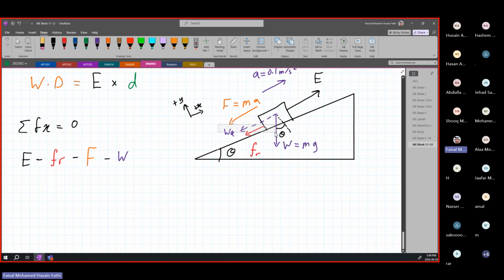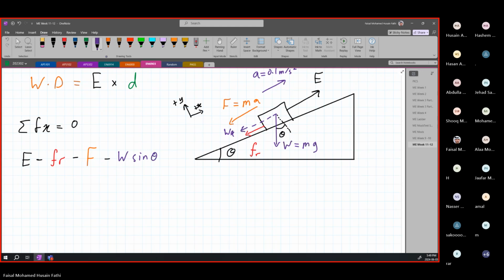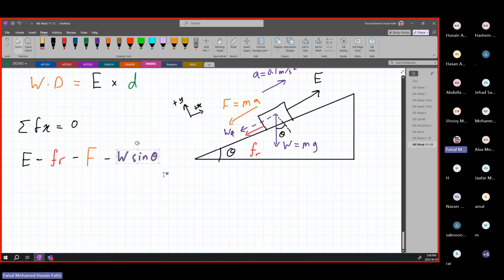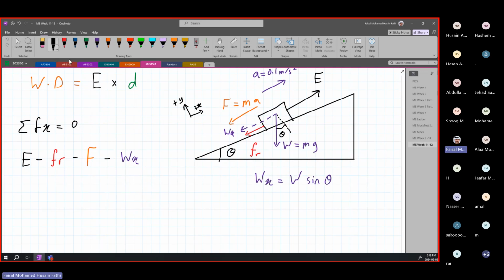So Wx is opposite, so it's going to be sine. Again, revise your trigonometry from older sessions. I'm not going to go through them again here. So W sine theta, which is your Wx, okay? Let me actually write it as Wx here, and Wx is equal to W sine theta. And this all is going to be equal to 0.